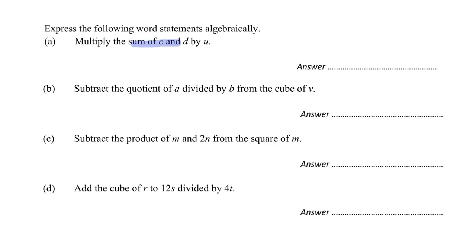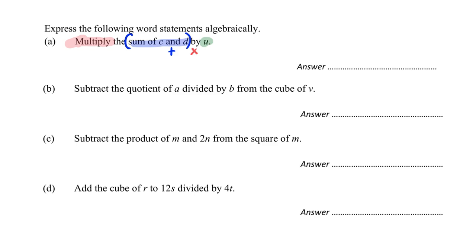Multiply the sum of A and D by U. That means if I want to multiply, then it will be the sum multiplied by U. Alright, sum means plus, and therefore you will see the answer.